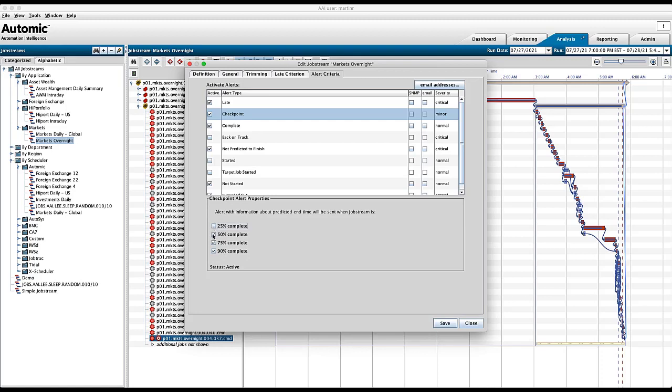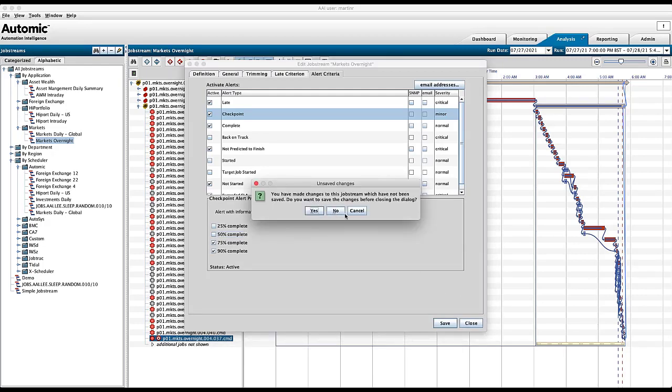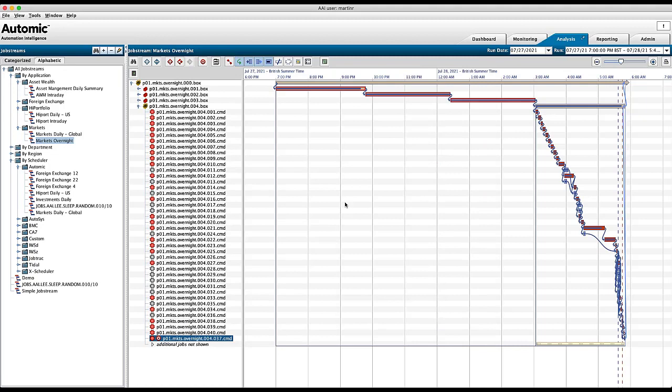If you are not interested in receiving an informational alert early on in the execution of a job stream, you can disable those. And using the checkpoint alert will eliminate the checkpoint jobs in AutoSys, which contribute to the overall number of jobs defined in the system. So those would completely go away.